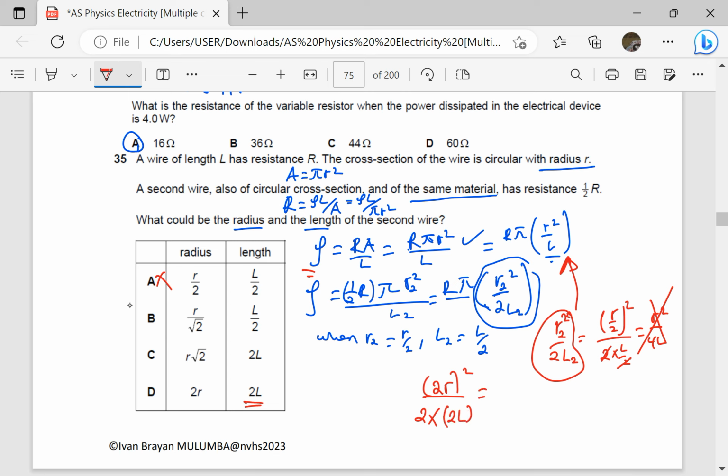So this is giving us 4R squared over 4L, which gives us R squared over L. So it is taking us back to that. That means this combination will give us the constant resistivity, so the answer is going to be D. It's quite technical, but for mathematicians, they could find another way of coming up with that answer.